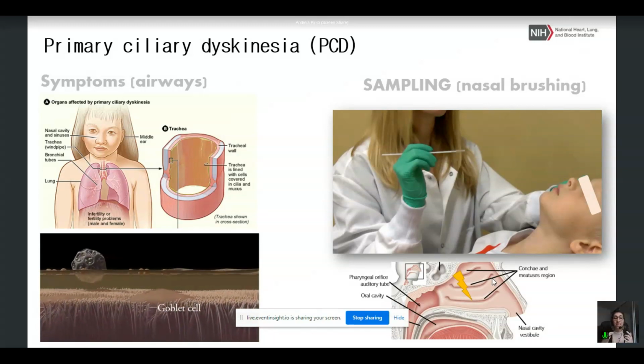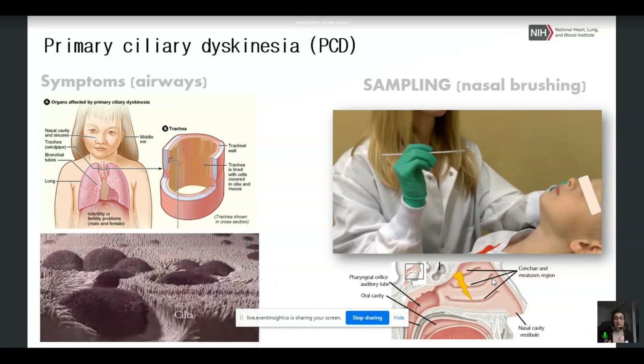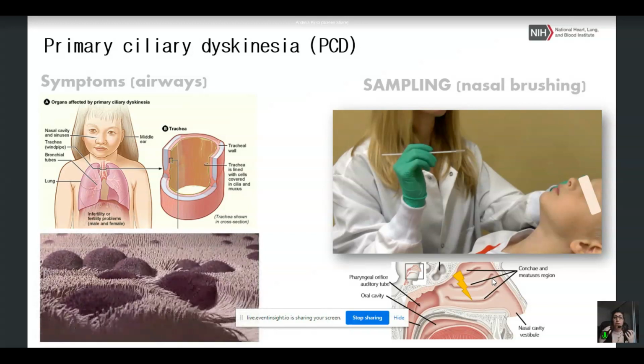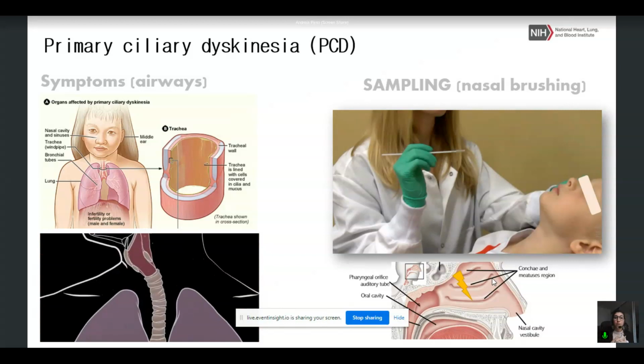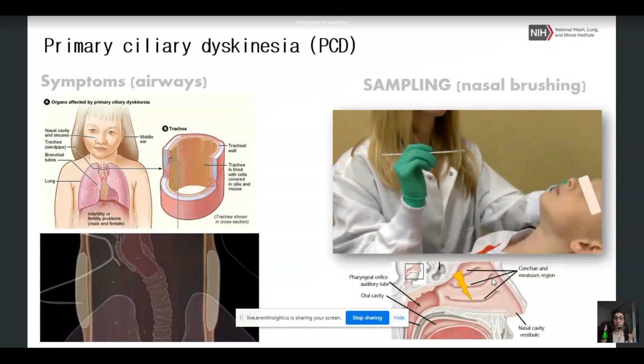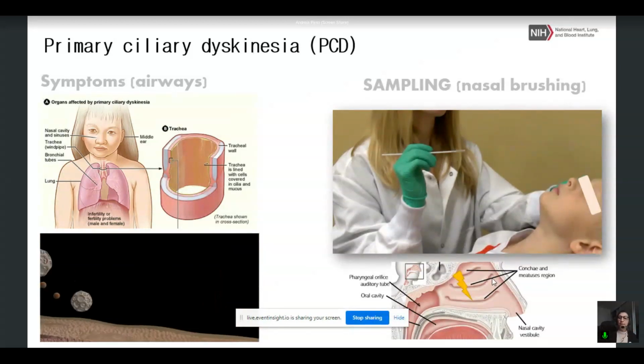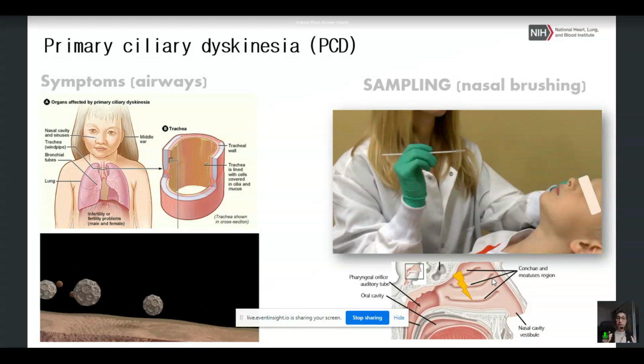If the cilia can't move it properly, it will just be trapped and cause infection. So these patients have a very symptomatic clinical picture, and that's why it is important to diagnose it carefully.